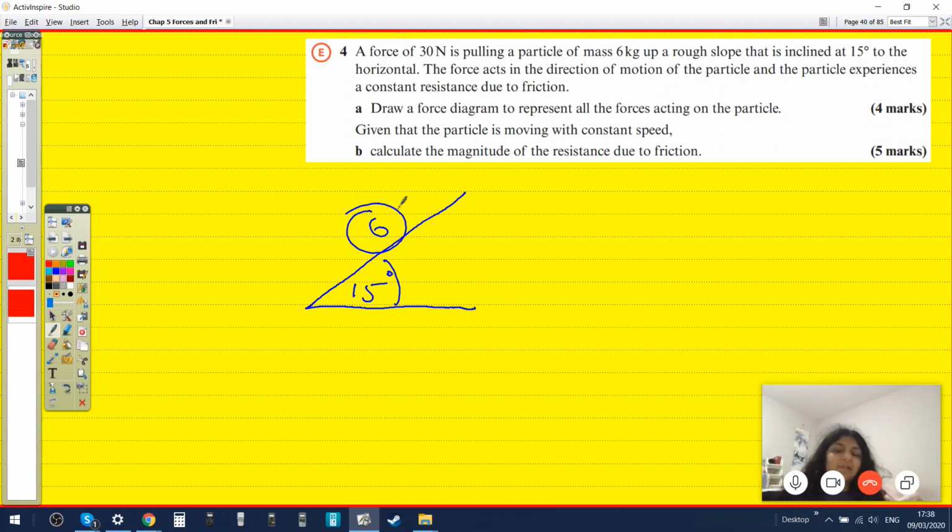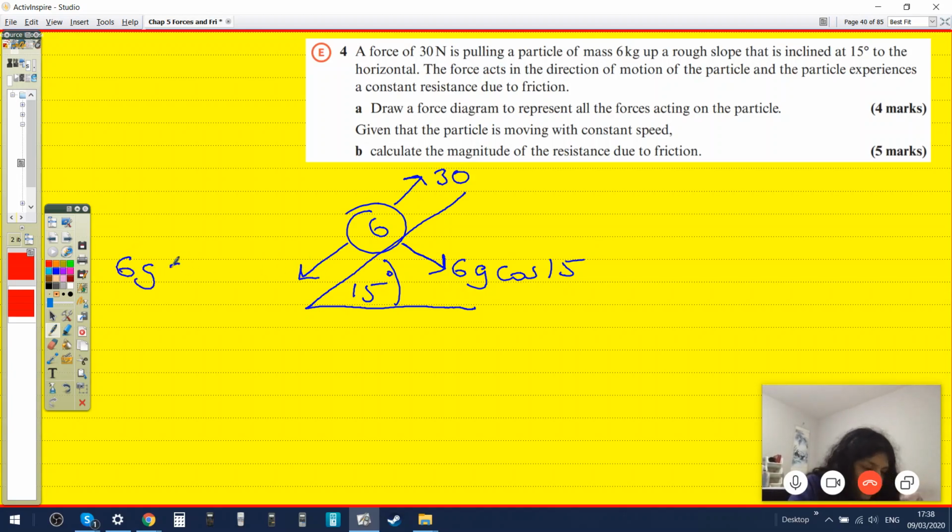If the particle is moving at constant speed, does that mean all the forces add up to zero? Yeah, it must mean that acceleration is 0. I got F is equal to 14.78 newtons.